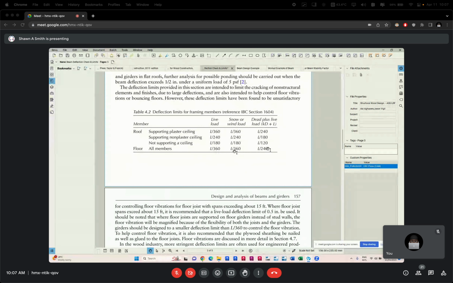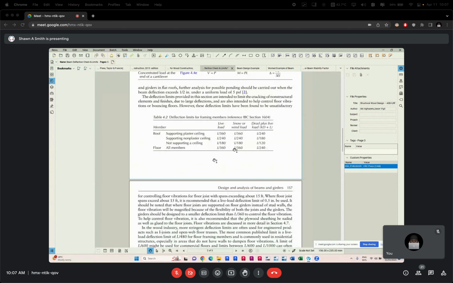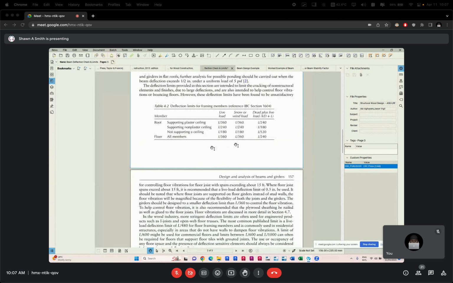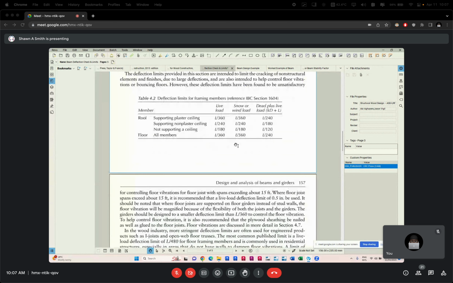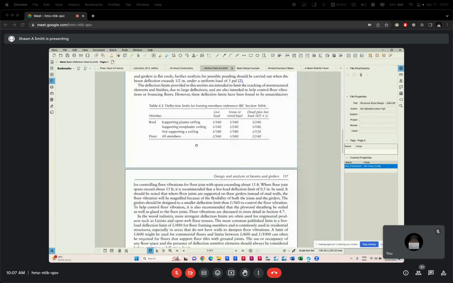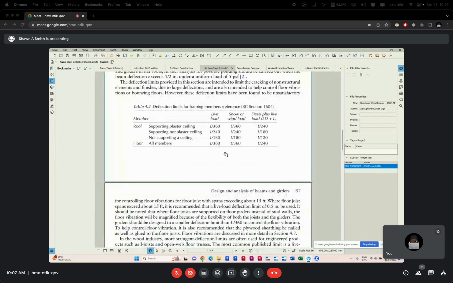If they are greater than the value that comes out from here, then the member is no good. It fails under deflection. It's going to be deflecting excessively. And that requires maybe spacing the members closer or using a deeper member. That's what really happens. When a beam is not satisfactory under deflection, you can either bring them closer so you get less load, or if you want to keep the same spacing, you have to increase the depth.